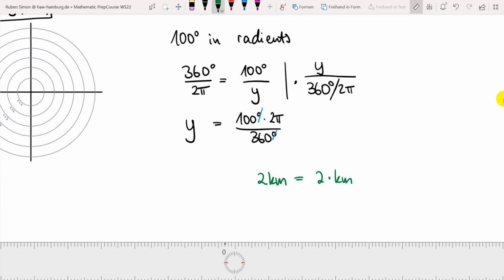And this is also how converting units works in physics. So this is 2 times 1 kilometer. And you know that 1 kilometer is the same as 1,000 times the unit meter.